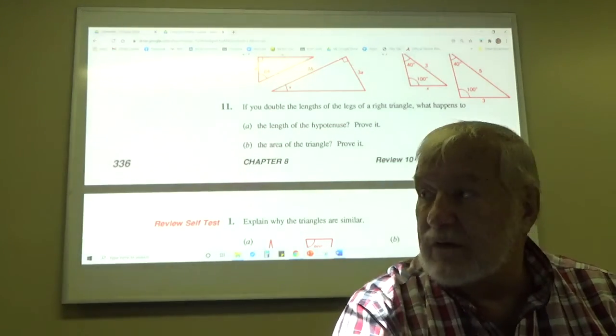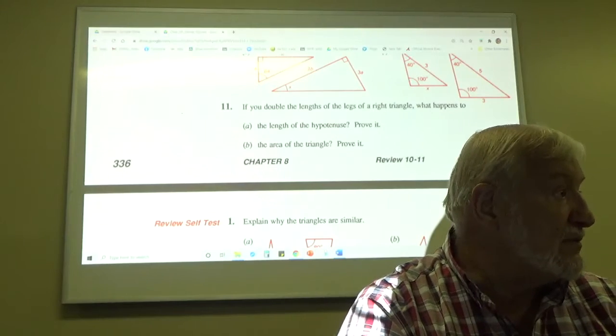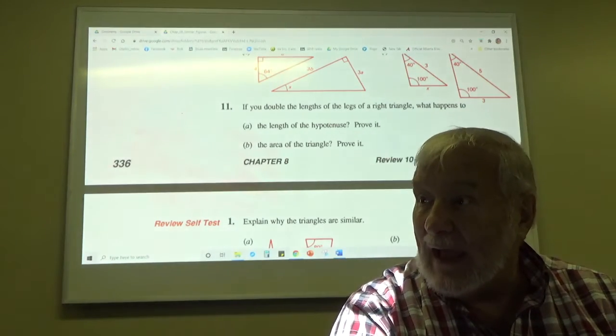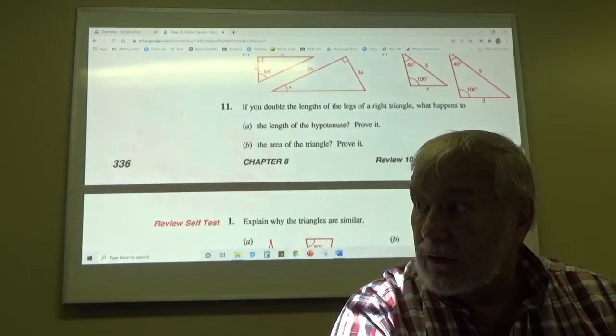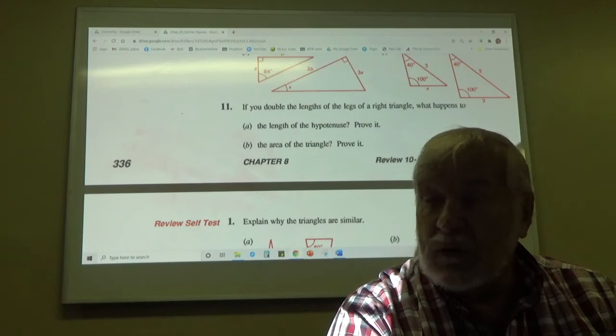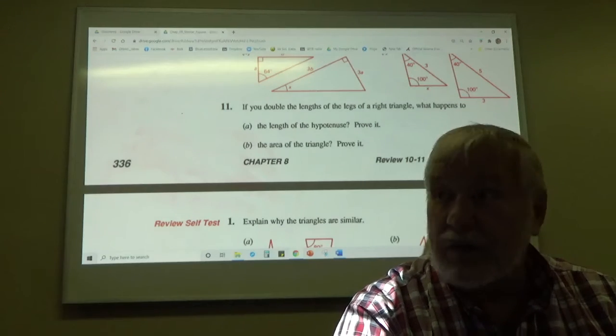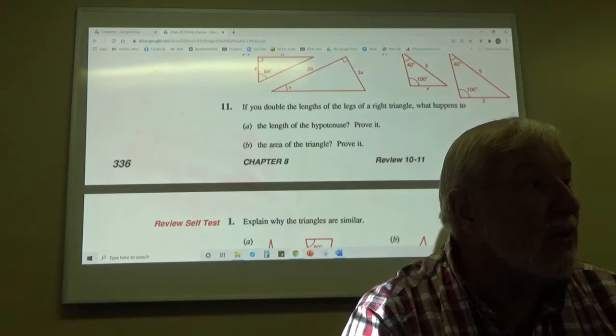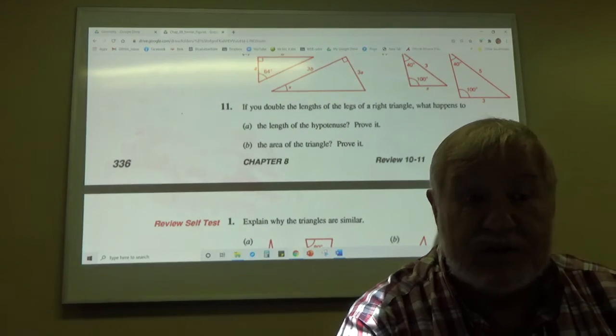The length of the hypotenuse is a squared plus b squared. What is 2a squared? What's 2a squared? 4a squared, right? And so it becomes 4 times as large.